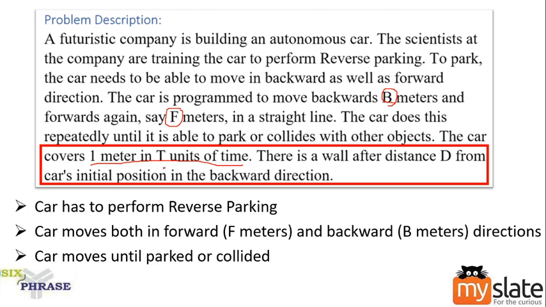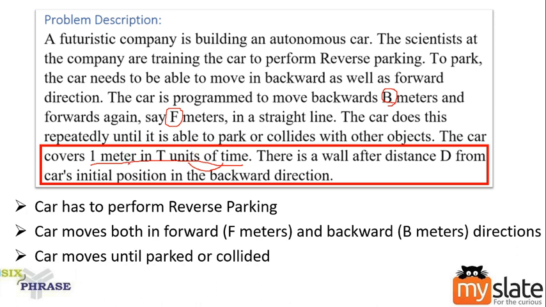Sometimes it will cover 1 meter in 5 seconds, sometimes in 10 seconds or 10 minutes. It could be any unit of time: seconds, minutes, hours, whatever. So you will be given the time taken to cover 1 meter.